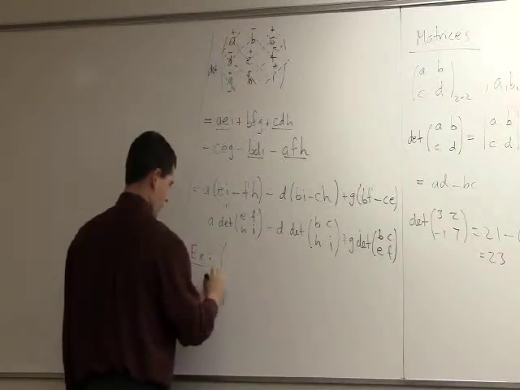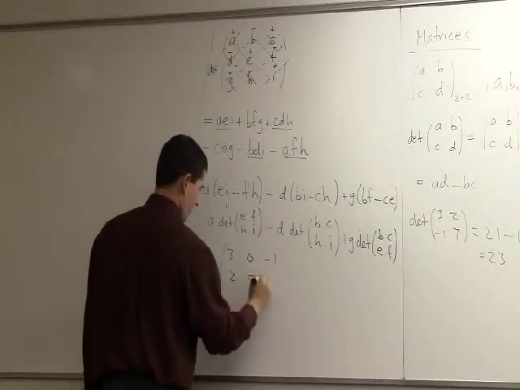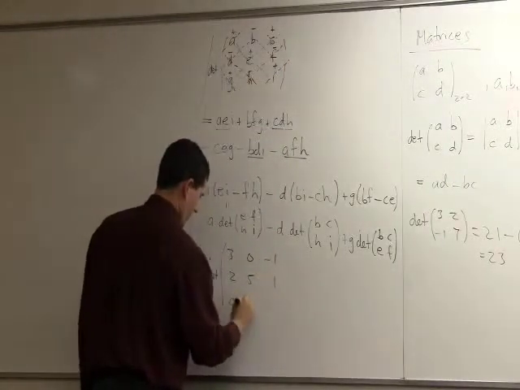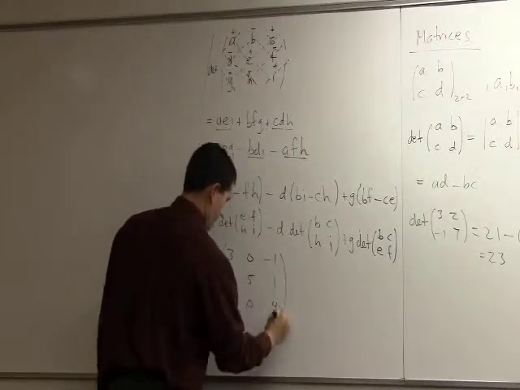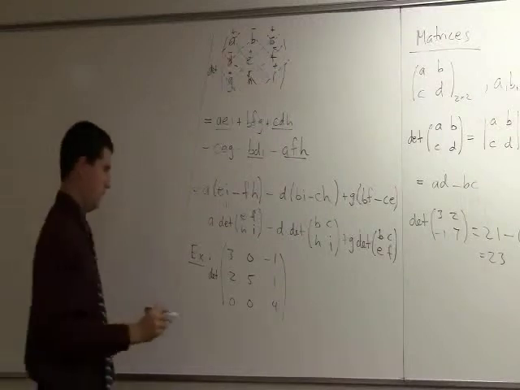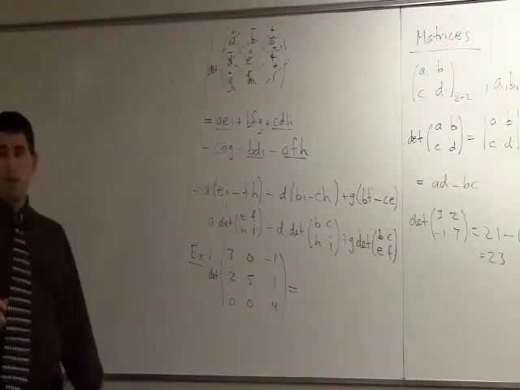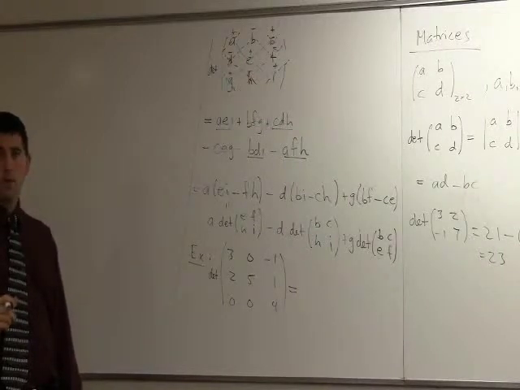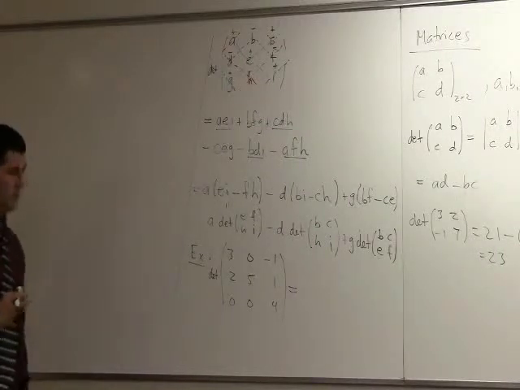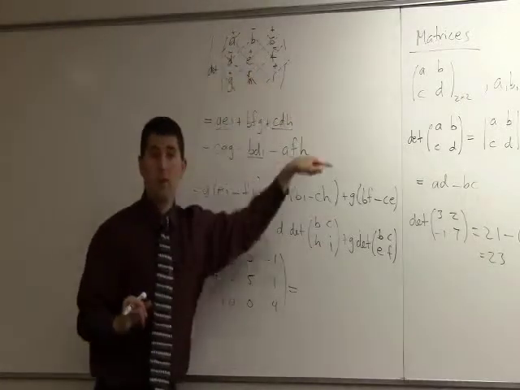So let's compute the determinant of 3, 0, minus 1, 2, 5, 1, 0, 0, 4. Okay. So first, let's use the crisscross method.